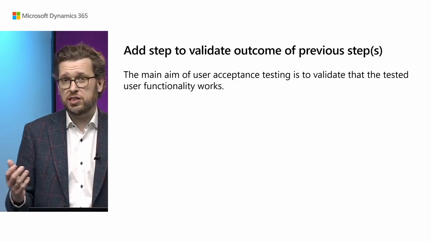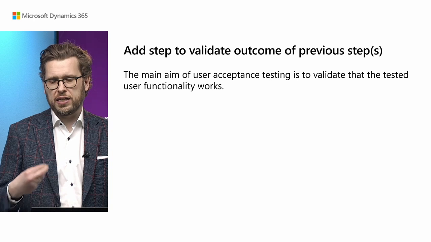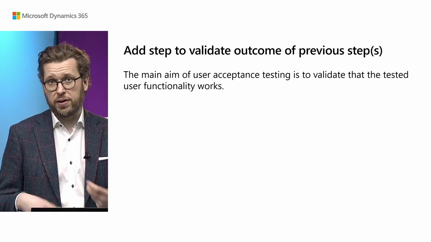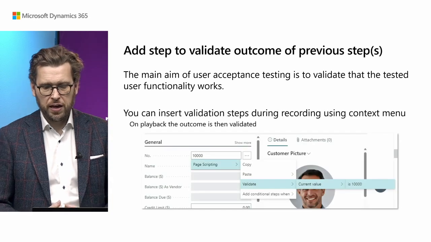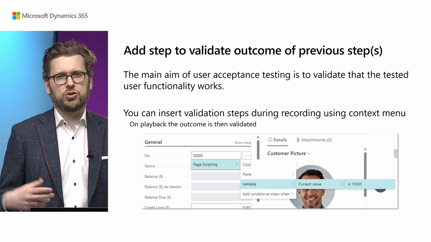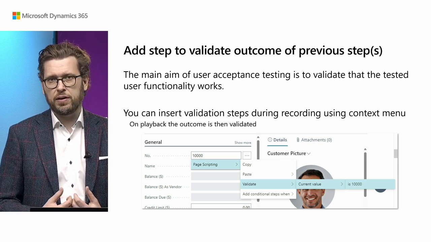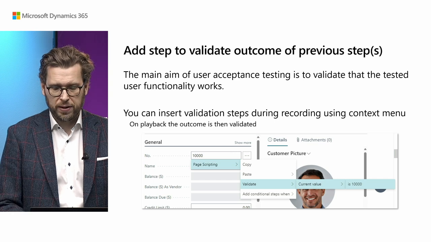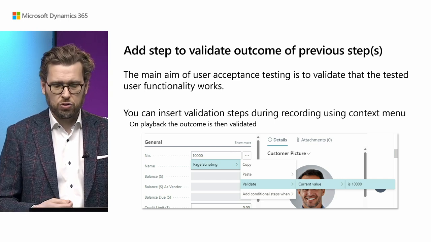Now, a core concept of user acceptance testing is to verify an expected outcome of performing a given set of steps. To support this, we allow you to insert so-called validation steps as part of the recording, to check the outcome when you replay the recording. To do this, you can right-click a control, a field.